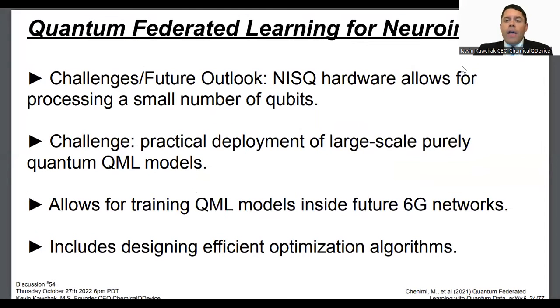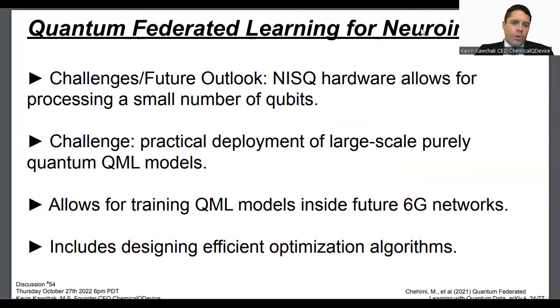Now, as with most papers, if you're not doing simulation, you're doing these experiments on low number qubits, just the inherent barren plateaus, and local minima, and other complexities as well. And so the challenge with this is large scale, purely quantum QML models.